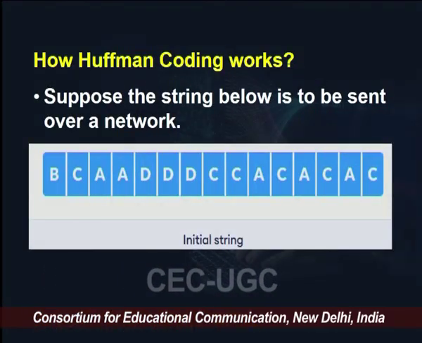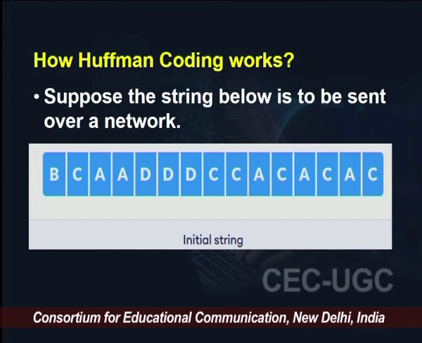This is a good coding scheme for compression of text data, because in text data there are many characters which occur very frequently. In the English language, R, E, A are characters which are used very frequently.